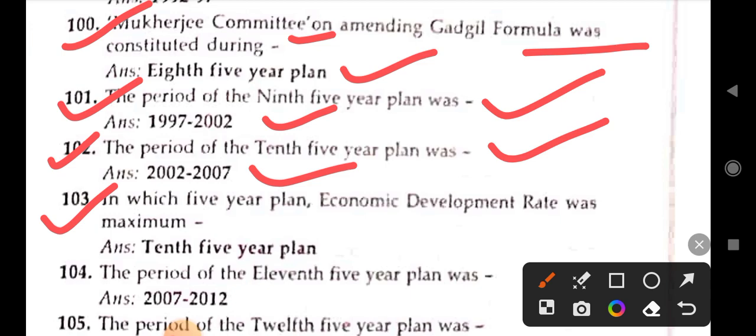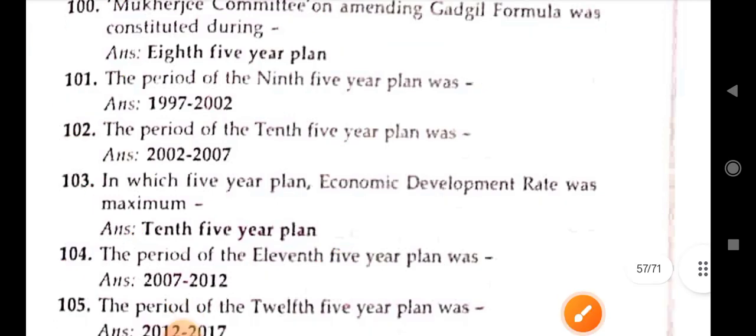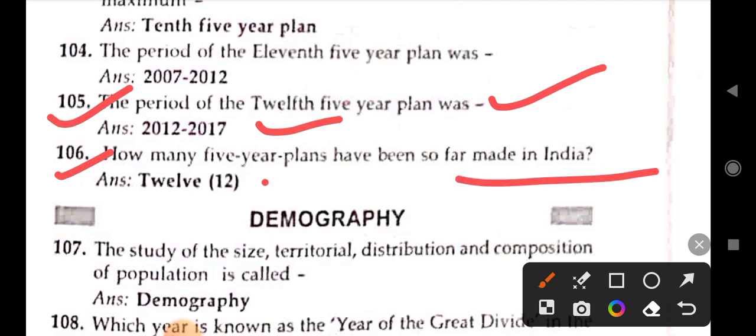In which five-year plan was the economic development rate maximum? 10th five-year plan. The period of 11th five-year plan is 2007 to 2012. Next, the period of 12th five-year plan was 2012 to 2017. How many five-year plans have been made so far in India? 12th.